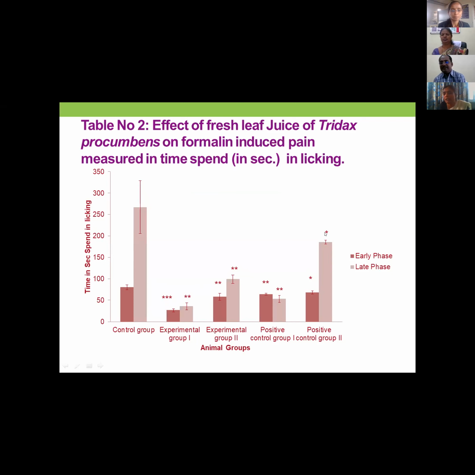Madam, what is the level of significance? Sir, P is less than 0.05 for 1 star, P is less than 0.01 for 2 stars, and P is less than 0.001 for 3 stars. Madam, let me know what is the difference between these 3 different P values.